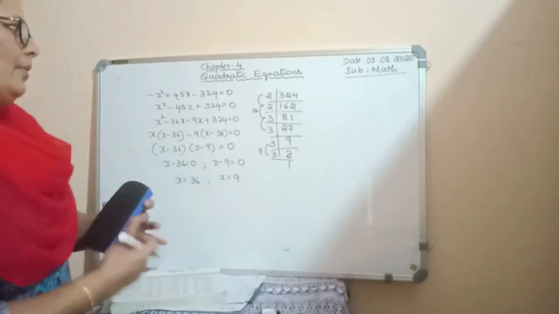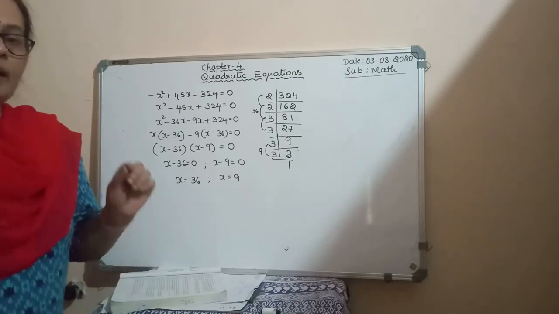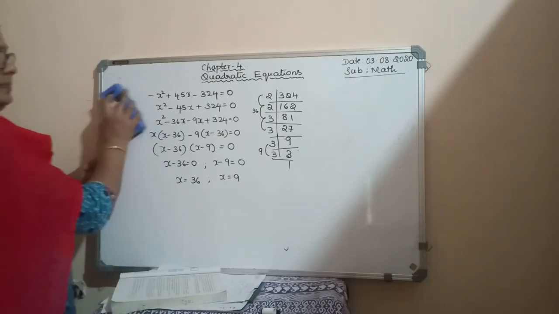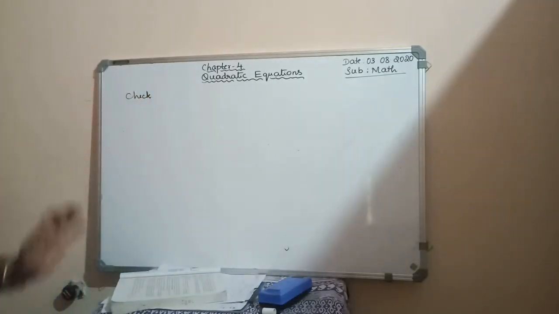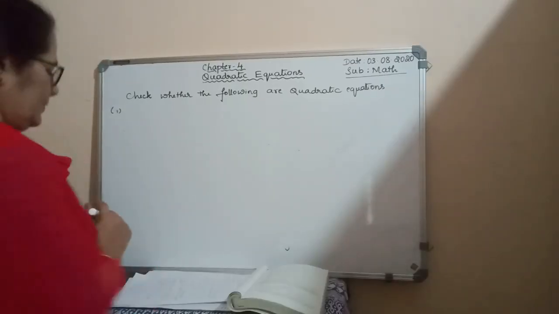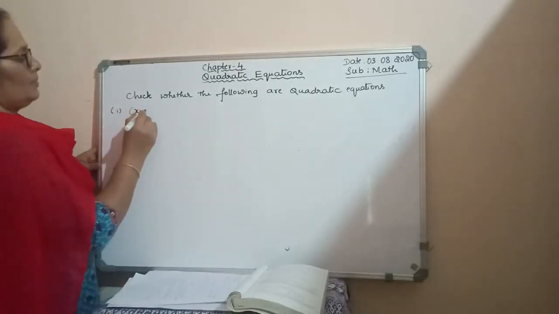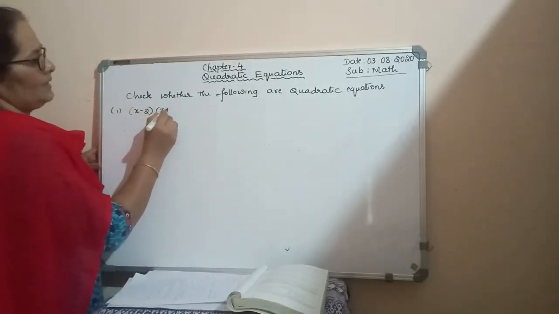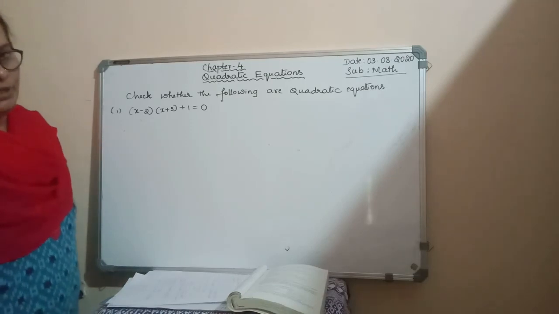Next, we are going to check whether the given equations are quadratic equations or not. First example is (x minus 2) into (x plus 3) plus 1 equals 0. Now you have to check whether it is a quadratic equation.